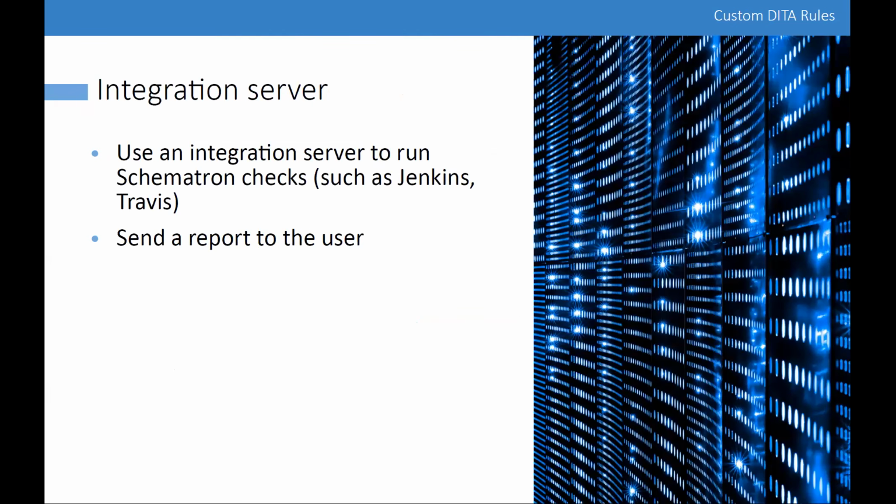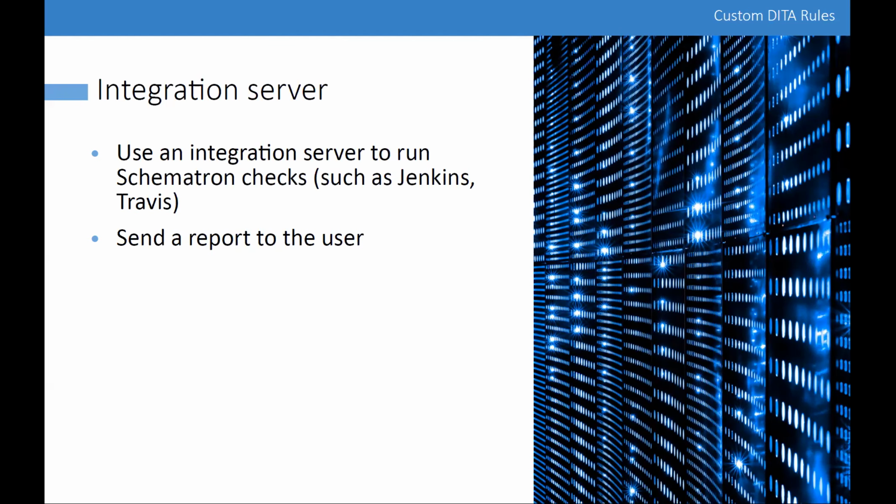And if you want to integrate these Schematron checks on an integration server, you can have, for example, a process that each time the user commits something on a repository or makes a modification, sends a report, an HTML report with all the problems that are in that project.